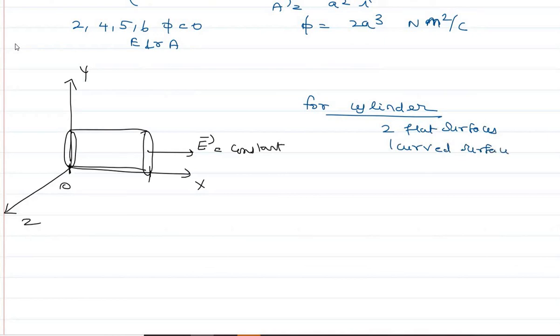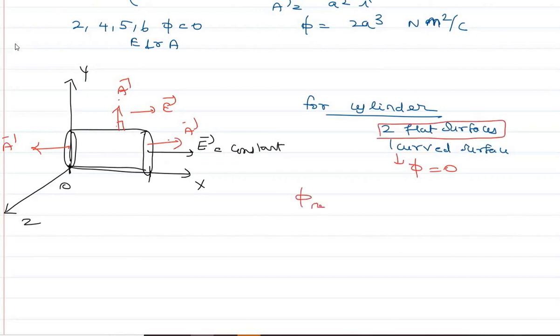When the electric field is along the x-axis, on this flat surface the area vector will be outward, and for this other surface the area vector will be outward too. Okay, and here it will be this way. What is the direction of the electric field and the area vector? The electric field is along the x-axis, the area vector is along the y-axis. So for the curved surface, the flux contribution will be 0. Only the 2 flat surfaces will contribute.